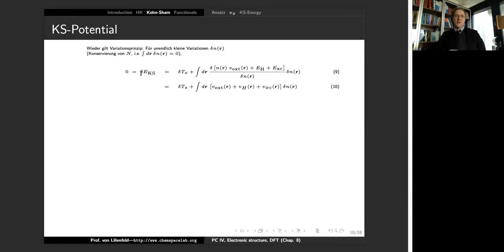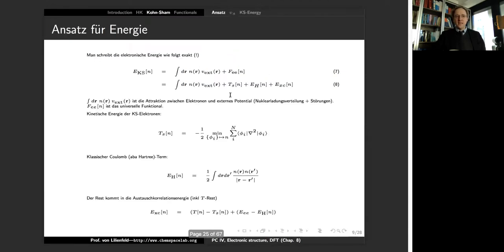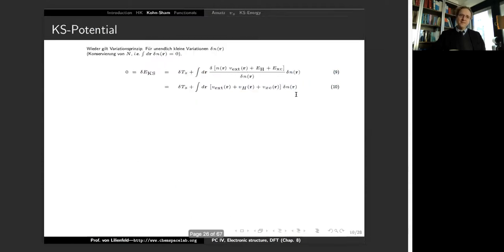So for very small variations in your electron density, you have your differential of the Kohn-Sham energy, and it contains this kinetic part, and then the external part, the Hartree part, and this exchange correlation part, right? So we keep the kinetic part implicit here, and we apply our functional derivatives for the potential parts, right? So for this one and for these two guys, okay?